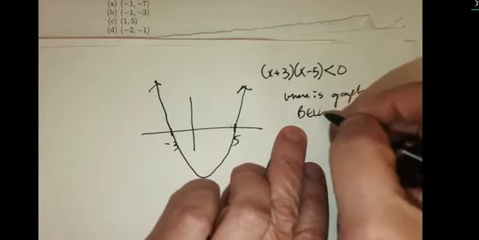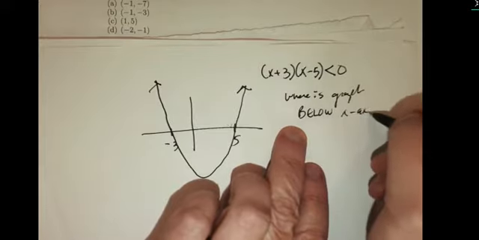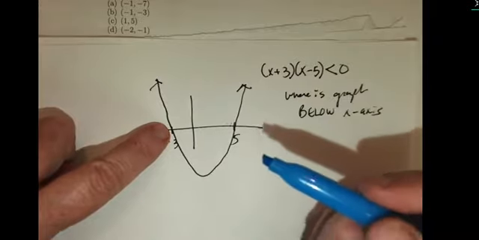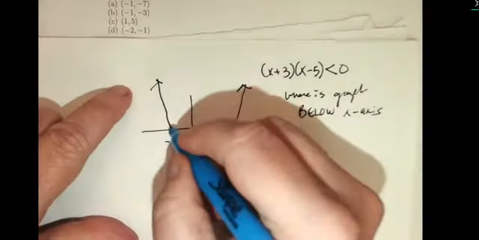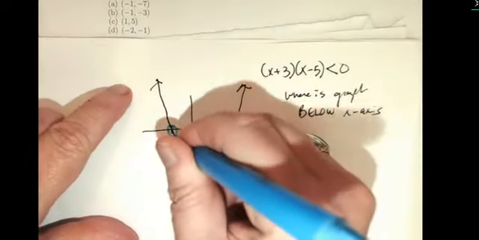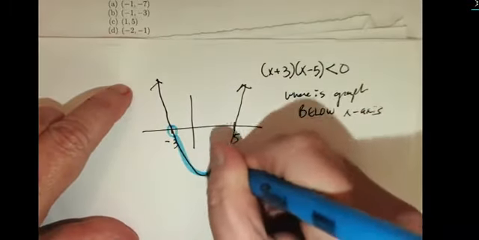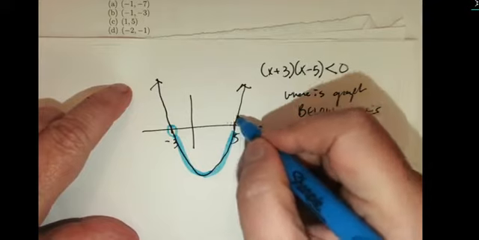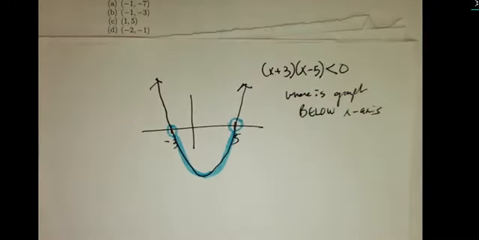Below the x-axis. And we can see right here, it's on. And so we do not include that. But we can see it's below here. And then we come up at 5, it is on. So we do not include the 5.